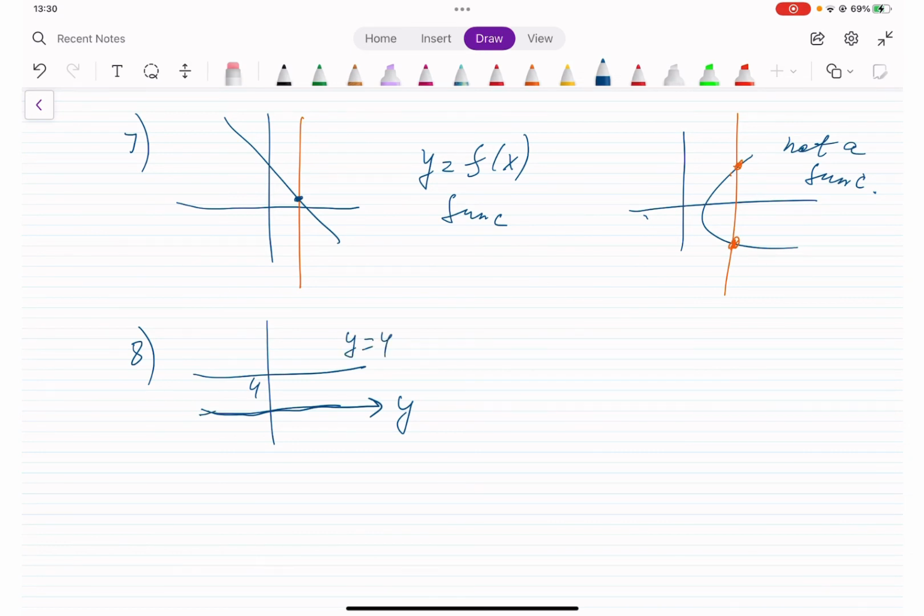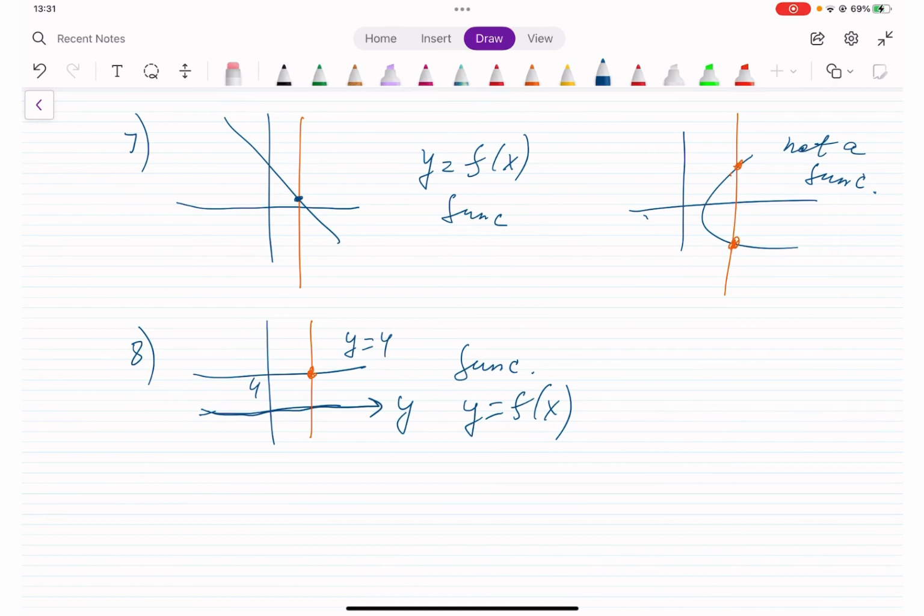So based on the vertical line, we are going to test it. Okay, let's test it again. Drawing the line, it's crossing only in one spot. So it is a function. Yes? So y is a function of x.